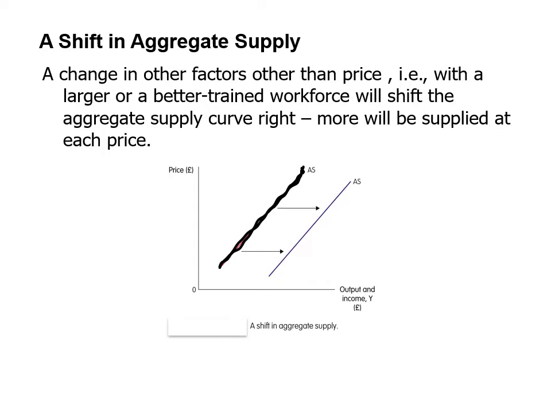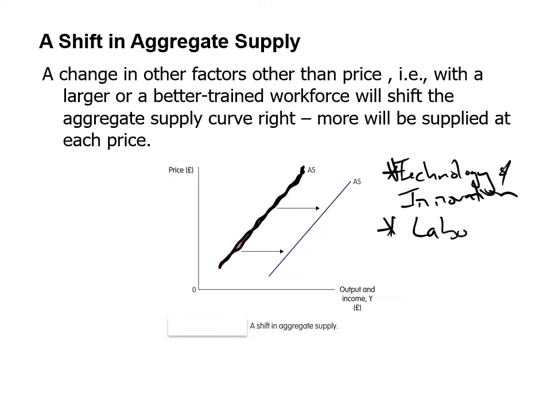However, there are other things that could affect aggregate supply. For instance, the level of technology and innovation in the economy. So think about it. With more technology and innovation, we can produce more at the same price. Also, the size of the labor force and its skills. If the size of the labor force improves or the skills of the labor force improve, we can produce more at the same price level.